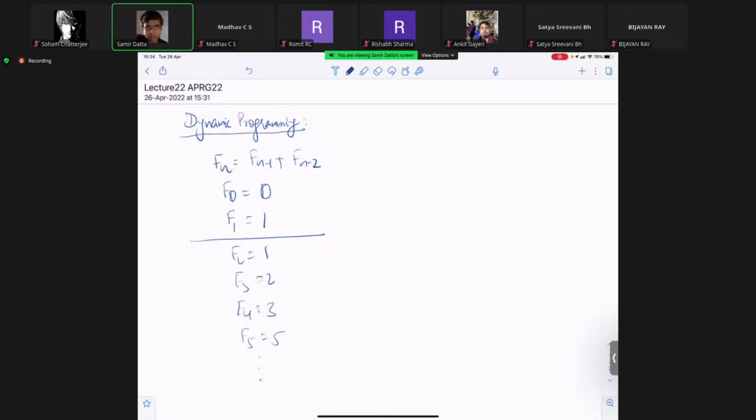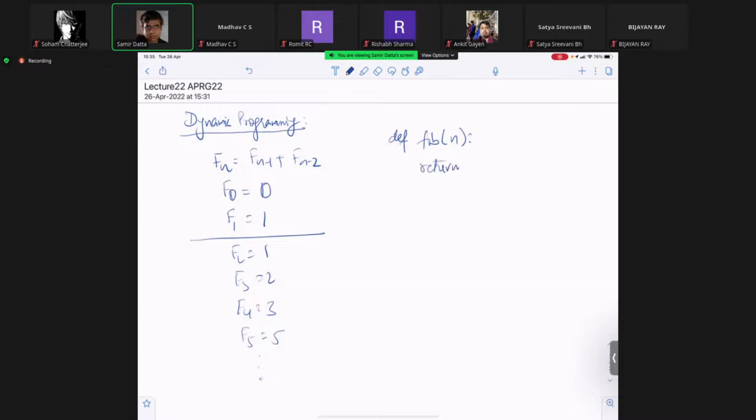Now, how would you write a program to compute the Fibonacci sequence? The simplest way would be to write a recursive program: def fib(n). First the base cases.